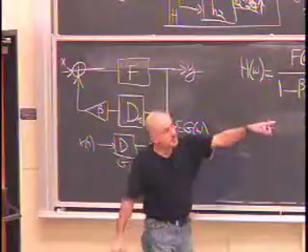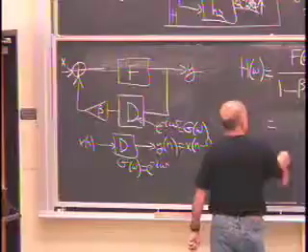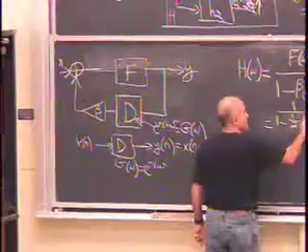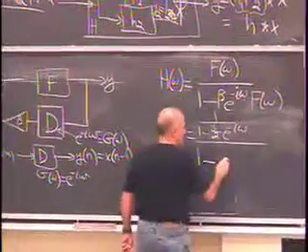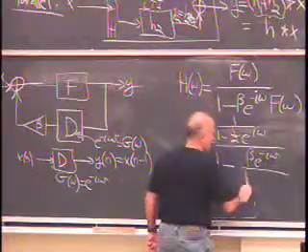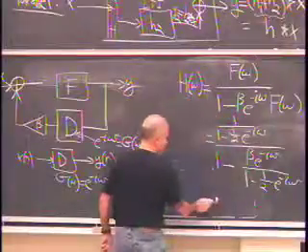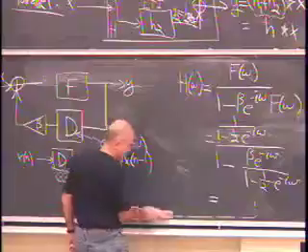Well, now let's plug in that F of omega. You have 1 over 1 minus 1/2 e to the minus i omega divided by 1 minus beta e to the minus i omega over 1 minus 1/2 e to the minus i omega. And when you simplify this, what do you get? 15 seconds.